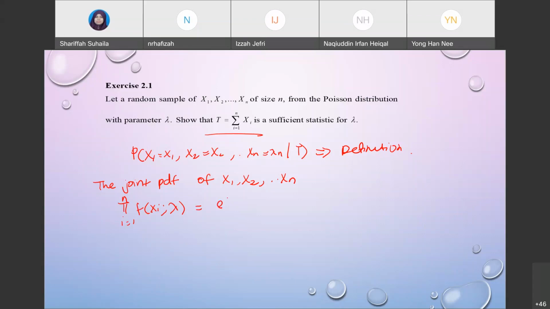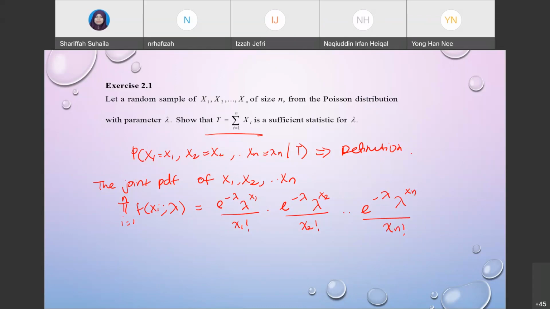Then you will have exponential negative lambda, lambda to the power x1 over x1 factorial, exponential negative lambda, lambda to the power x2 over x2 factorial, then exponential negative lambda, lambda to the power xn over xn factorial.